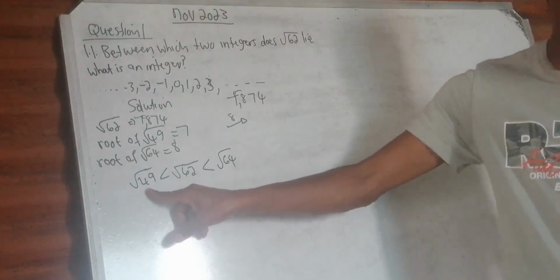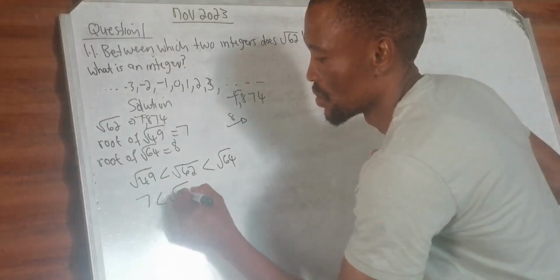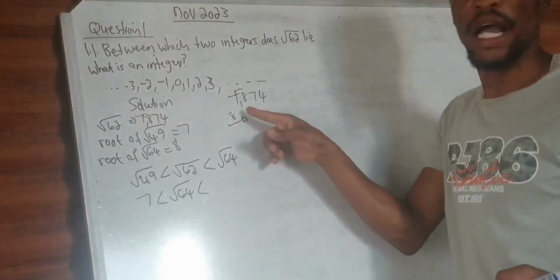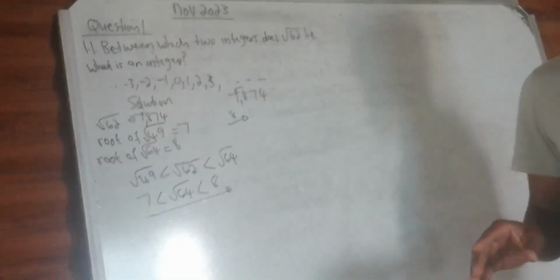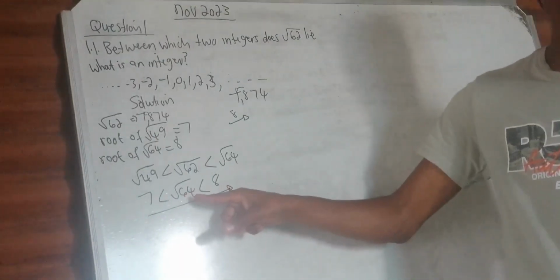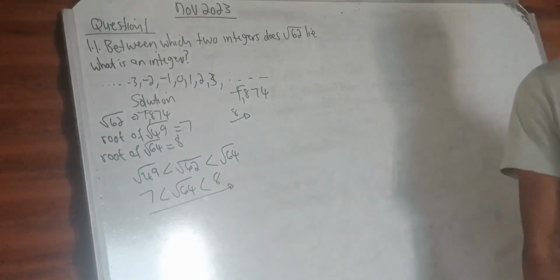The square root of 49 is 7. The square root of 64 is 8. So the root of 62 lies between 7 and 8. Then you are done.